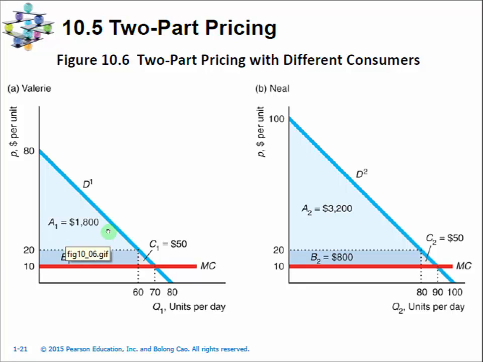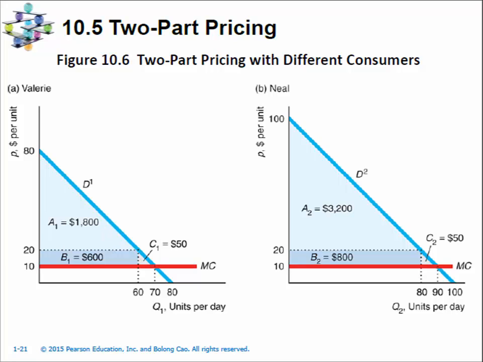That brings us $5,000. But if we reduce the per unit price and charge the complete consumer surplus from Valerie, $24.50, we only have $4,900 as producer surplus. But if we raise the per unit price and reduce the access fee, we will have $5,000.